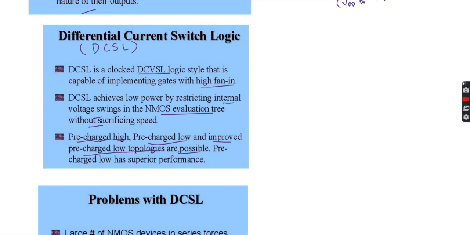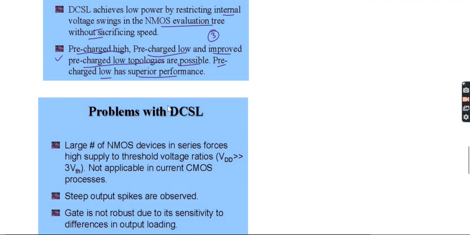Here we are going to see a total of three. The first is pre-charge high, where the clock is equal to 1 during pre-charge. Next are pre-charge low and improved pre-charge low topologies. Pre-charge low has superior performance compared to these two architectures. We will see three different diagrams.